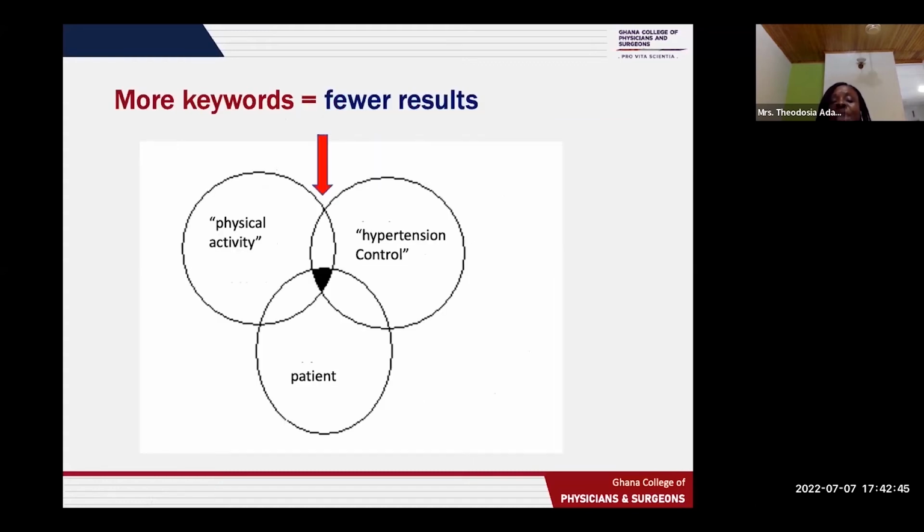Now, the more keywords we link together with AND, the fewer results we get, as is shown by this diagram. We now add patient, which was our 3rd key concept. You realize that the shaded area is smaller, which means that the papers that have all 3 concepts are fewer than those that have only the 2 concepts.